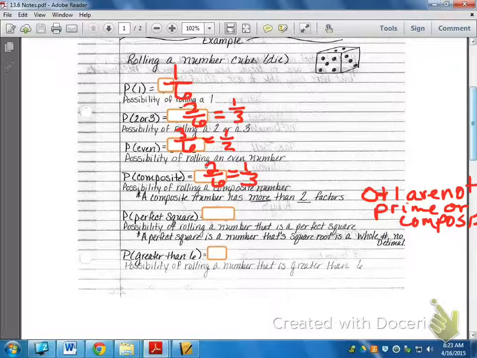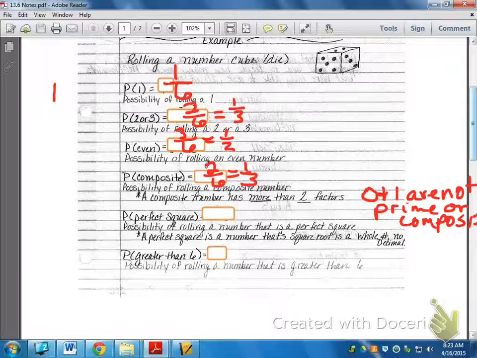Okay, perfect square. The probability of rolling a perfect square. Let's think about the list of perfect squares. We've done this before. A perfect square is a number whose square root is a whole number, no decimal. So we'll make our list. What's the lowest perfect square? 1. 1 squared is 1.